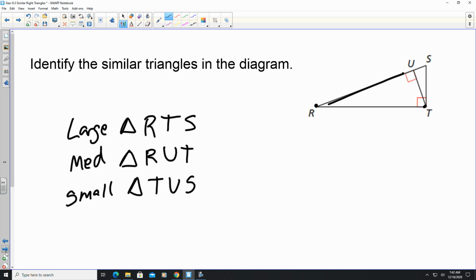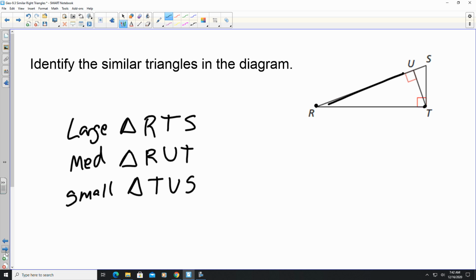The reason why I ordered it the way I did was that T, U, and U were all vertices with the 90-degree angle, and RT, RU, and TU were all long legs with their respective triangles.